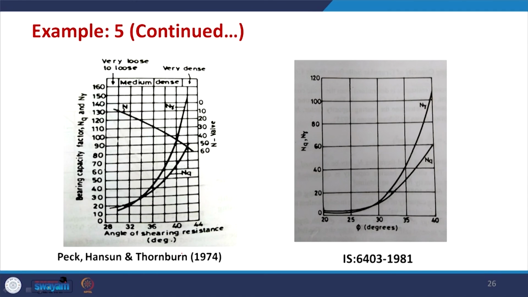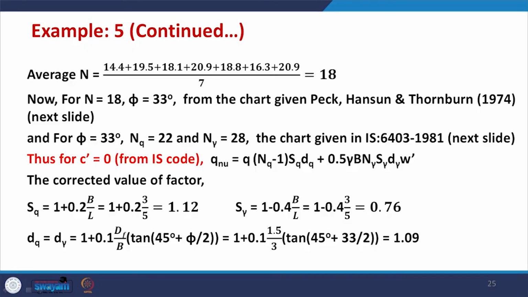Using this chart, for the corresponding value of N, you find the angle of shearing resistance. The N values are given here. So, N is coming to 18, and corresponding to 18 you get finally the number for the angle of internal friction. And this can be done using the IS code also.